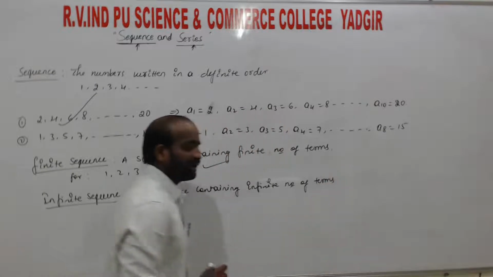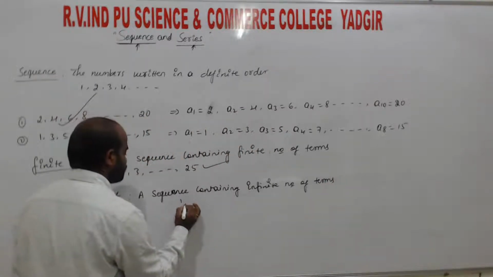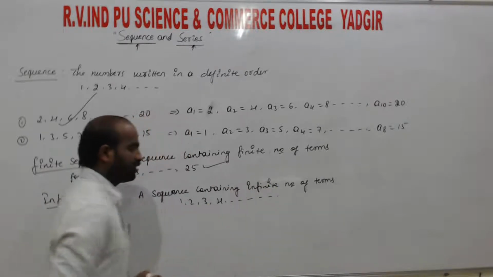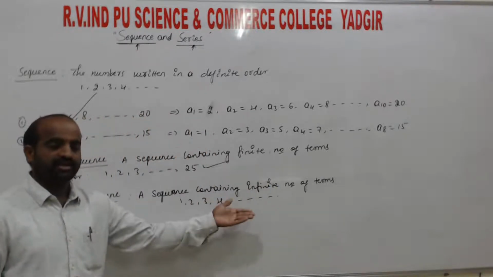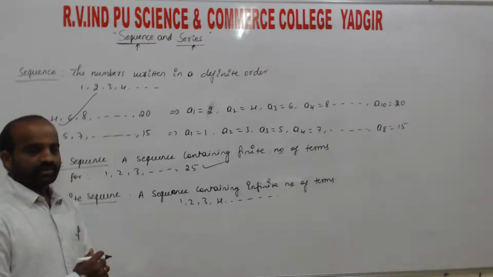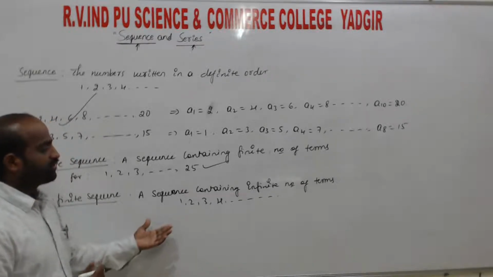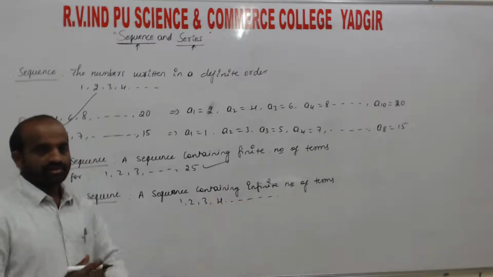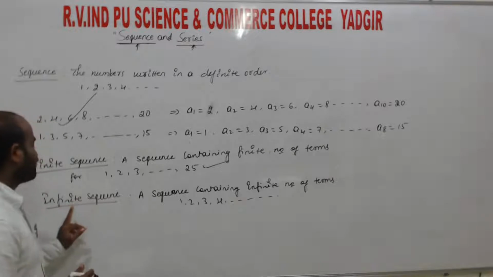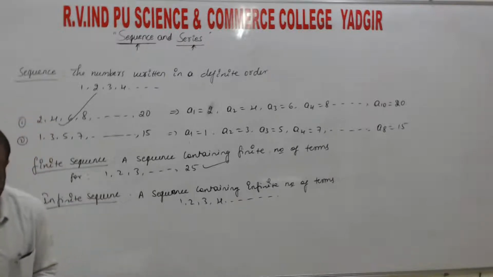For example, 1, 2, 3, 4, and so on. An infinite number of terms is not finite. An infinite sequence is one that never ends.